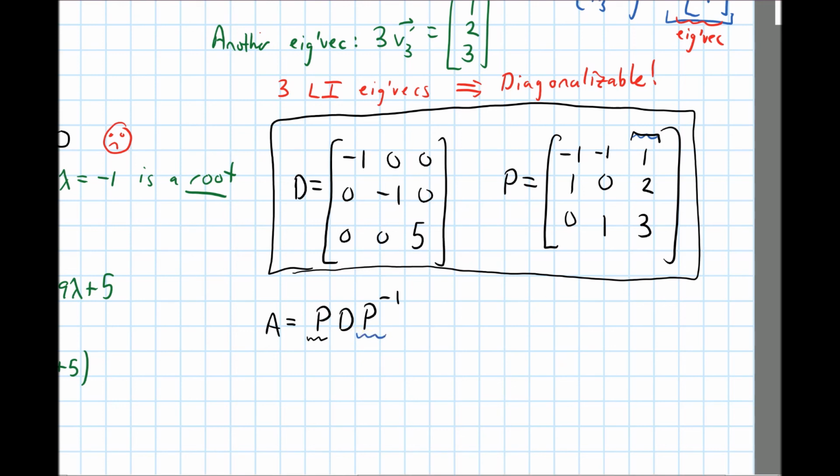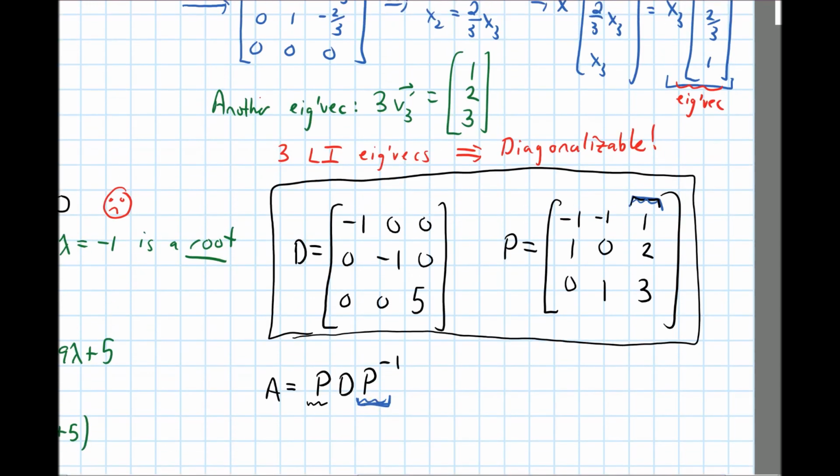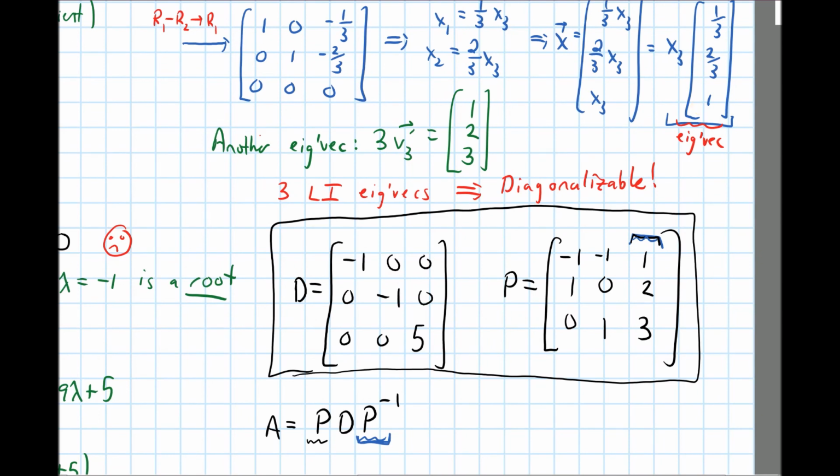Those two changes sort of counteract each other. So overall, it'll still be a legal diagonalization. That's why it doesn't matter whether I choose this fractional form or the form without the fractions.